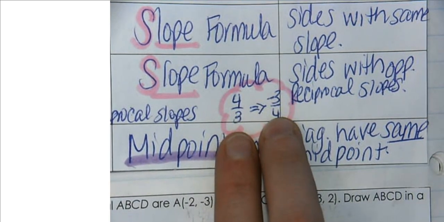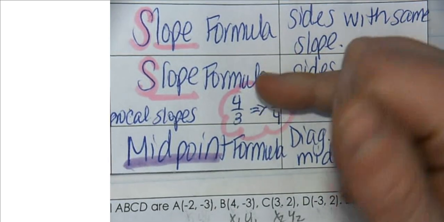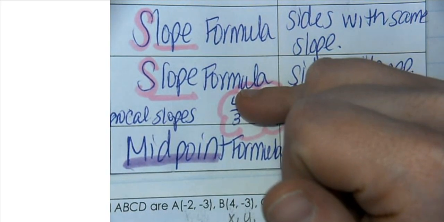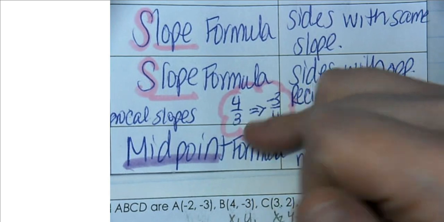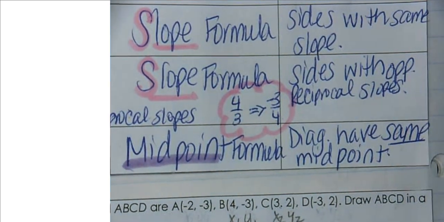So one is positive, one is negative. And you might see that one has a fraction like 4/3 and the other one's 3/4, where the fraction has been flipped. So opposite reciprocal is where you flip the fraction and switch the sign. And these are examples of opposite reciprocal slopes.